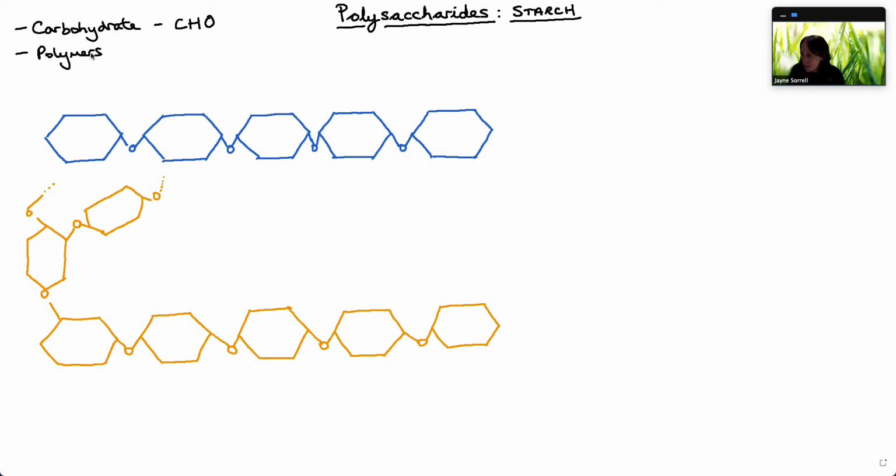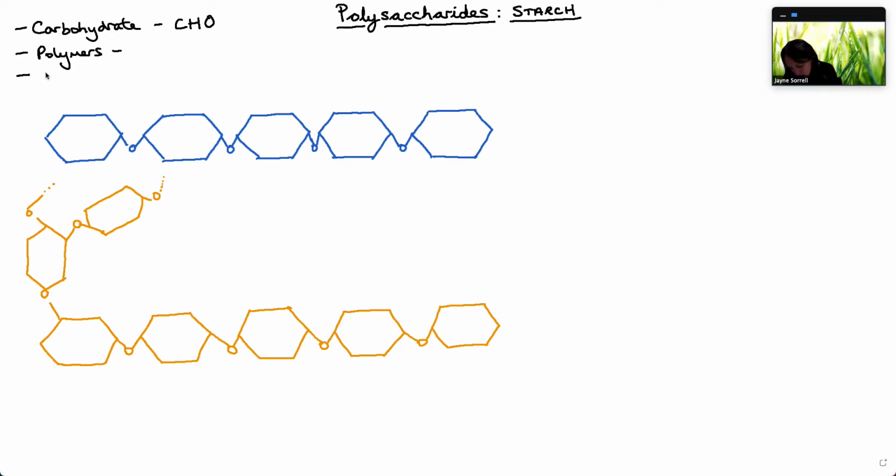The word polymer means many units joined together, many monomers joined together. So polysaccharides are made up of multiple monosaccharides joined together. One type of polysaccharide is starch, and that's what we'll look at today.